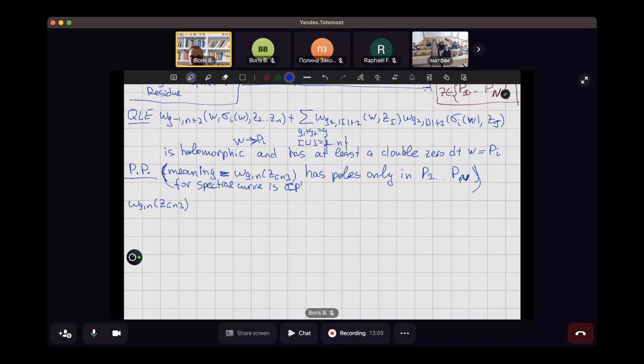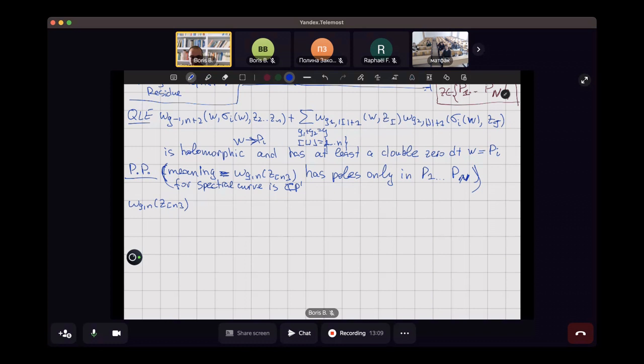Okay, and here this bracket: we take the residue of this form, then take these n residues, and sum over all zeros of dx. They are like partitions of zeros of dx, and the statement is that we start with omega g,n of w's and obtain omega g,n of z.